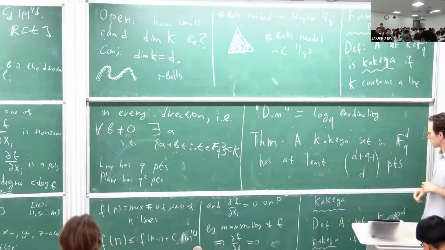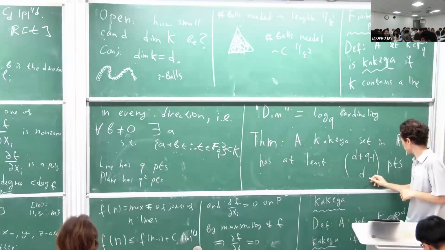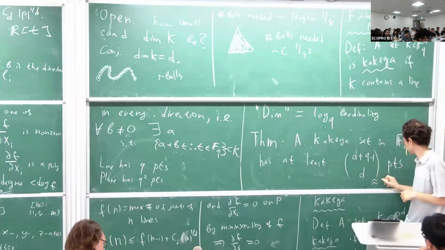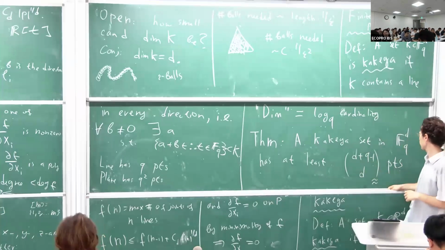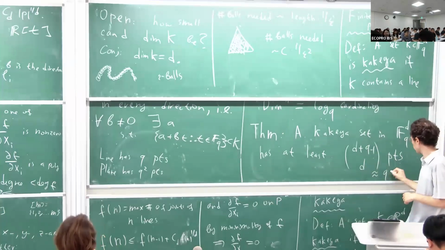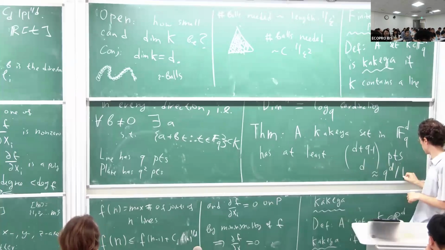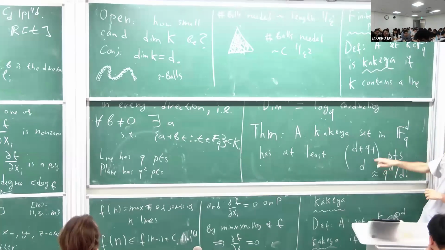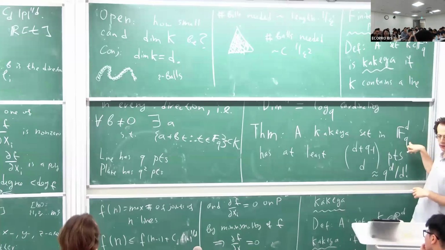Okay, so this quantity here is approximately q to the d divided by d factorial. Again, we are thinking of dimension d fixed and q going to infinity.